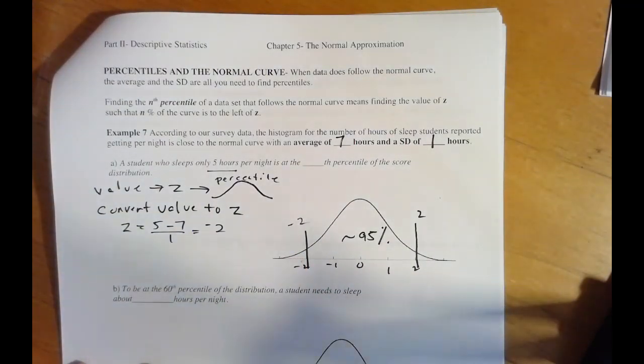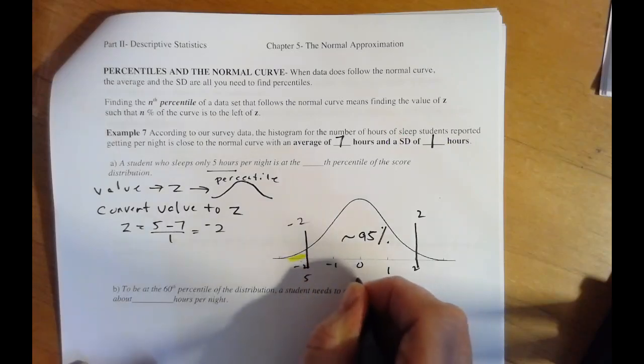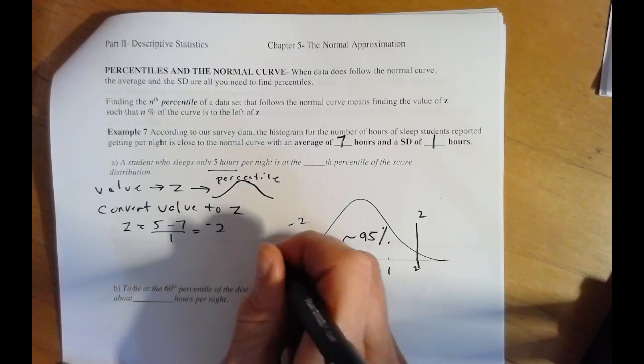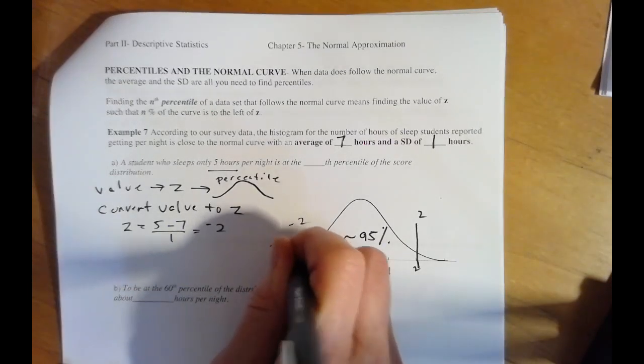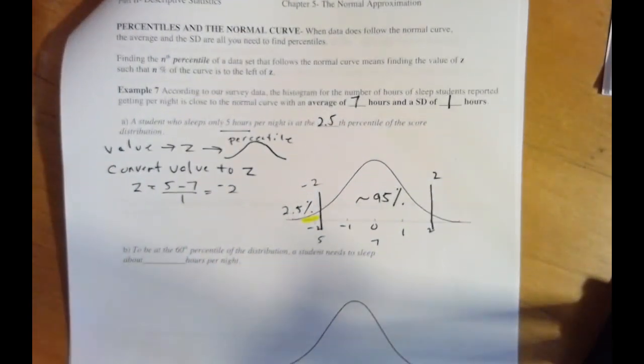So we know this area right here, the area below 5, so 7, that's 5. The area below that is 2.5%. So 2.5th percentile. All right, how about the next example?